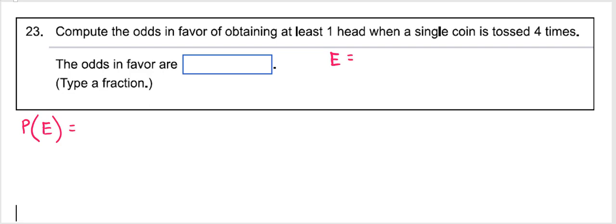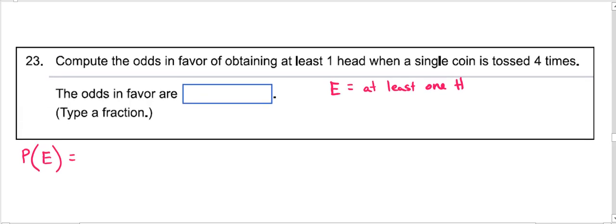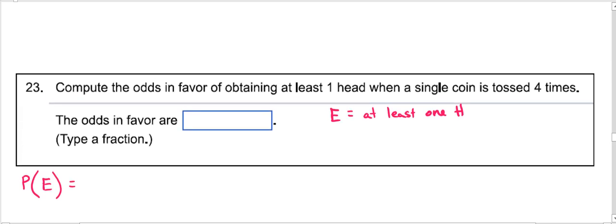So if we let the event E be at least one head when you toss it 4 times. Okay, before we go there, let's look at the sample space.